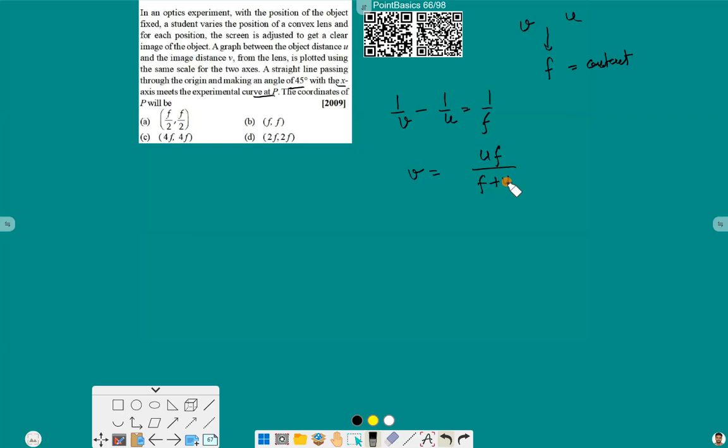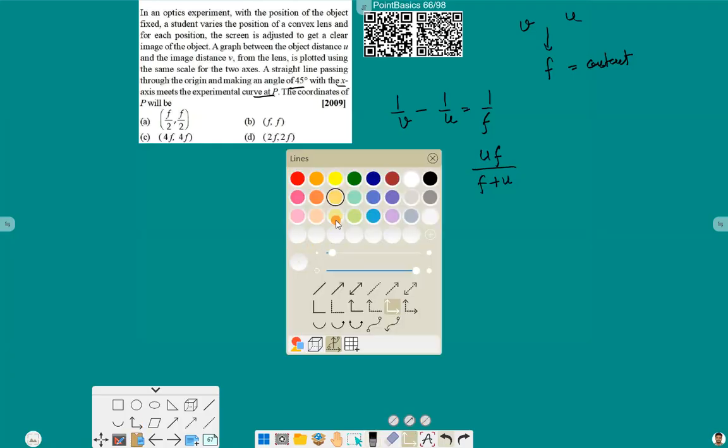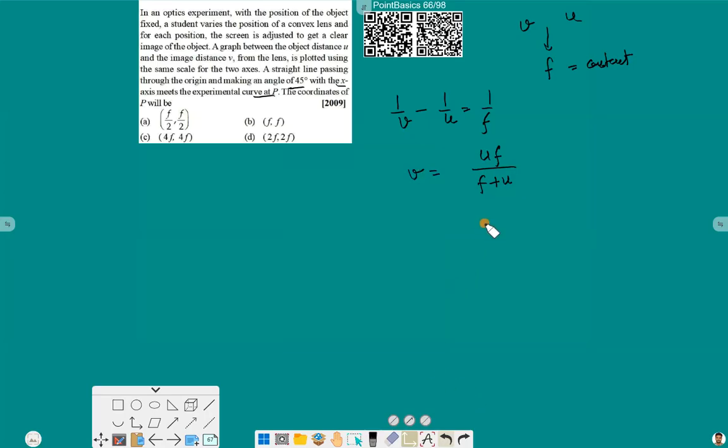Now, let us try to plot this graph. Suppose these are our x and y axis, and here I have u, and here I have v.